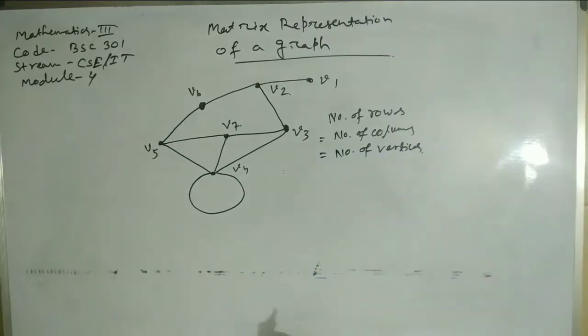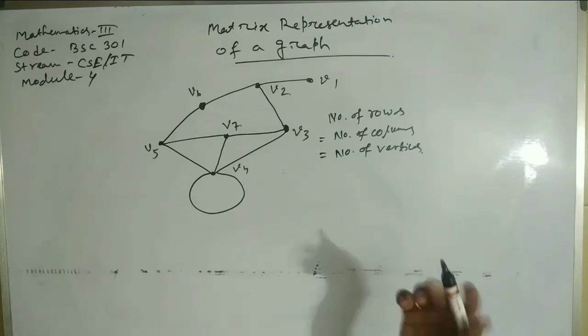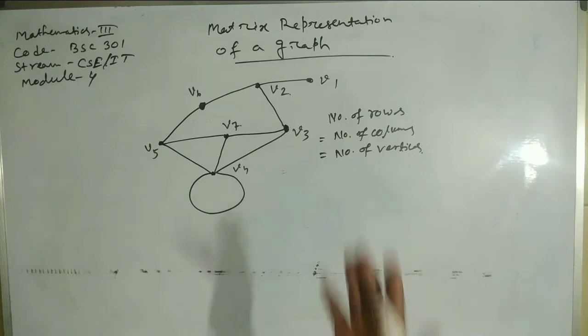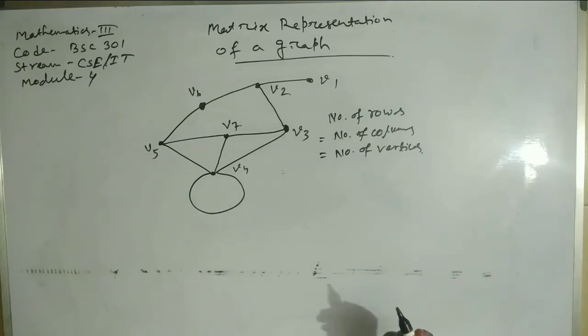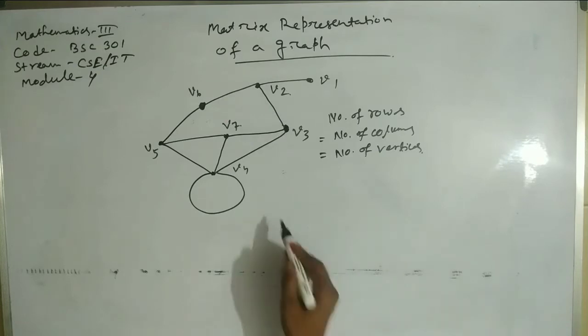So it is clear that the matrix will be a square matrix. That is, the adjacency matrix is always a square matrix since the number of rows and columns are equal. So in this graph, we can see that there are 7 vertices, so there will be 7 rows and 7 columns.